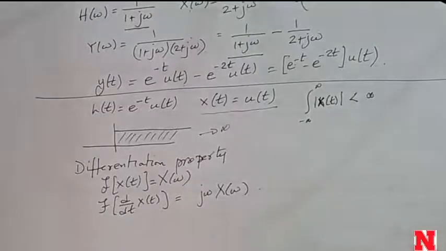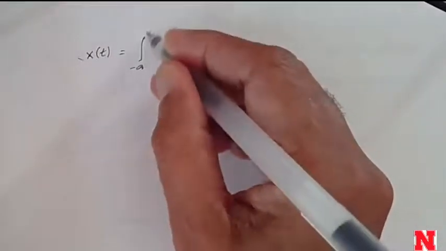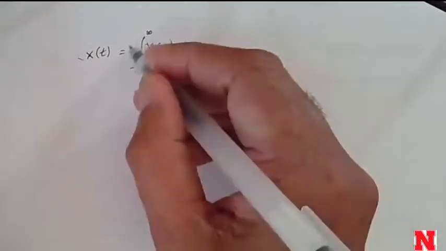And I'm going to show this. It's really easy to derive, so we'll go ahead and derive it. So how do we do that? There's one thing though. Remember that the relationship between x of t and its Fourier transform is that one of the ways you can relate them is through this integral, and the other one is through the forward integral.